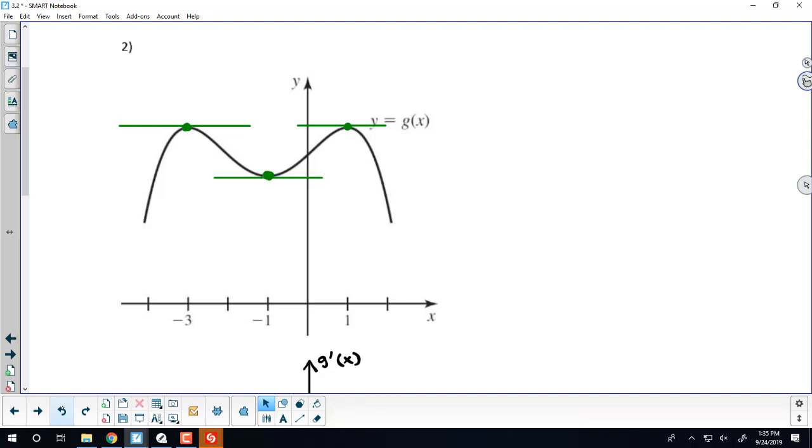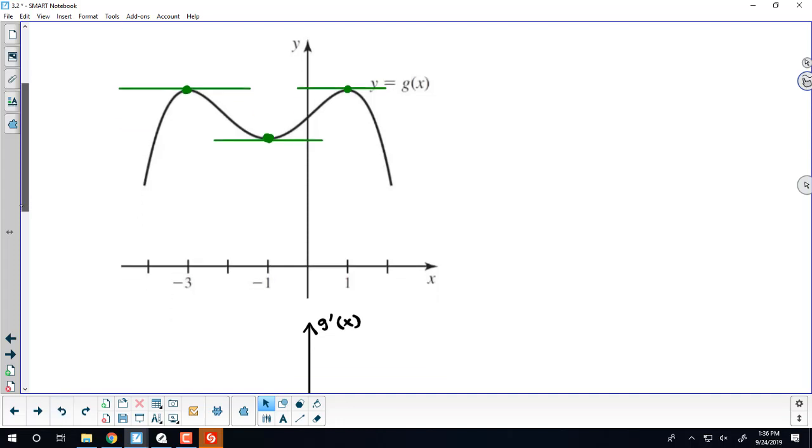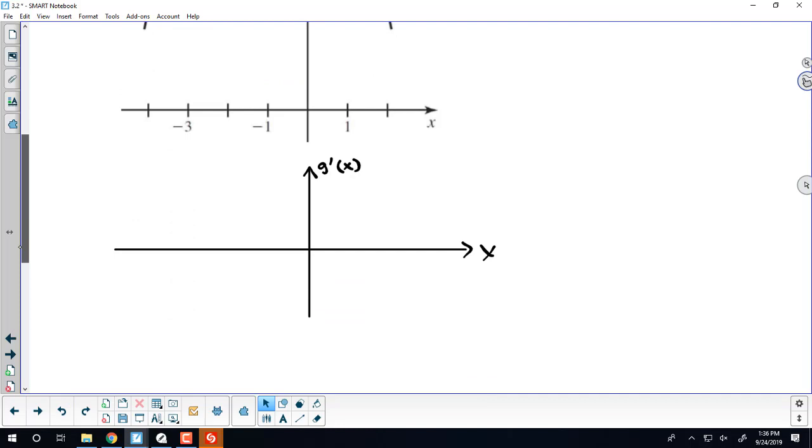So just, again, maybe you can imagine your pencil just traveling along this path, and it gets here, it's flat again, and then it's flat again, right? I hope that's pretty easy to visualize. So if the slope or if the derivative is 0 at those locations, then what does that give us actually on the graph of the derivative?